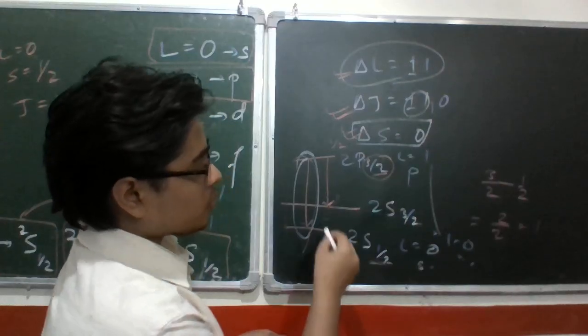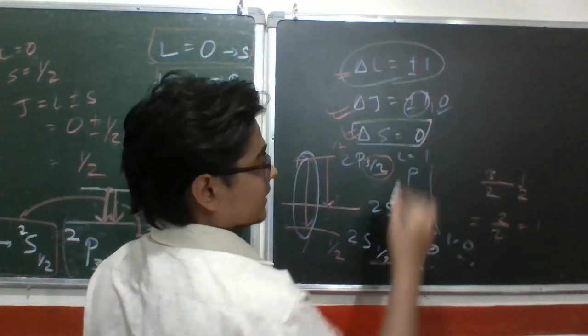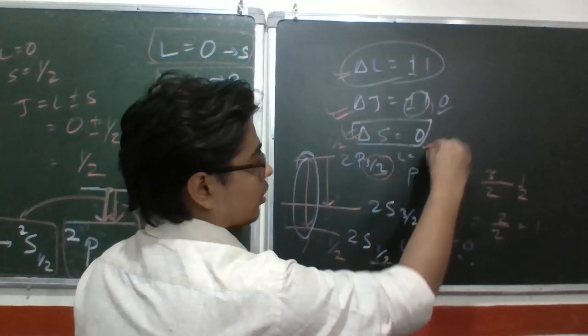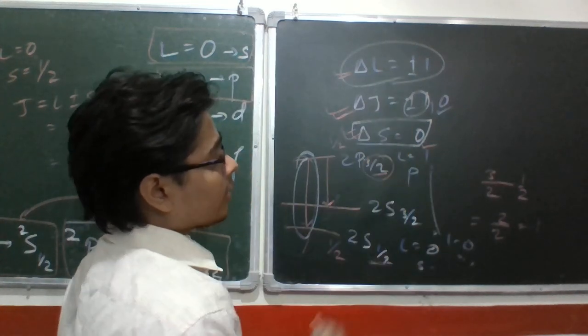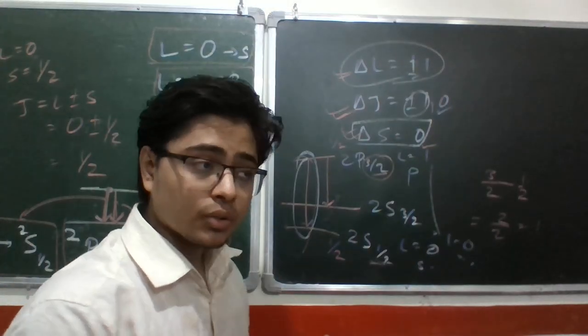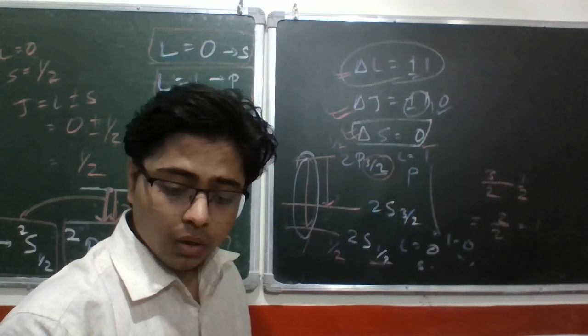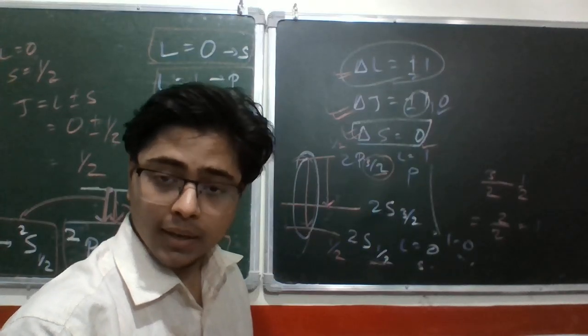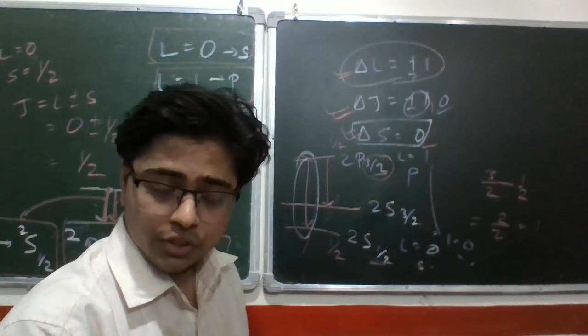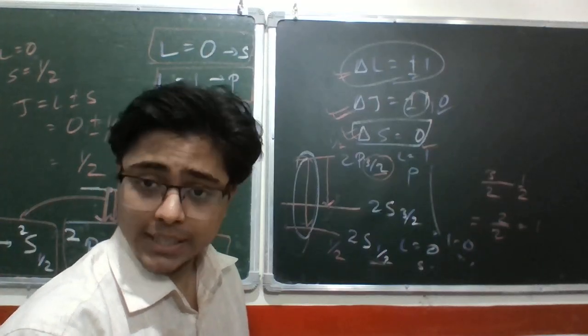Similarly, if you see this one, 3 by 2 minus 3 by 2, delta J equals 0. This is always satisfied, and now this is also satisfied. So those spectral lines would be seen in an experiment for which all these three selection rules are satisfied.